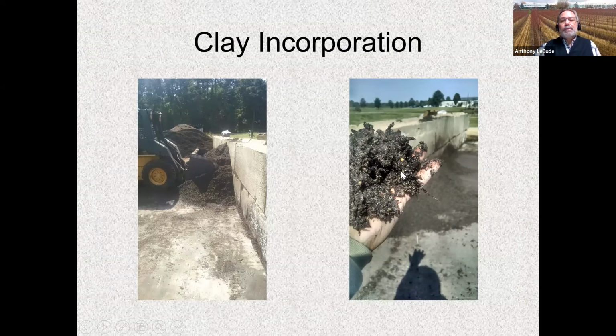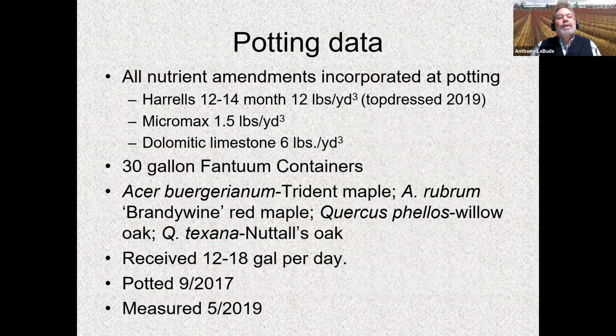That's probably the 12% treatment. We just mix those up on the substrate platform. All nutrient amendments were the same for all of the treatments, and they're all very common for nursery production in large containers.